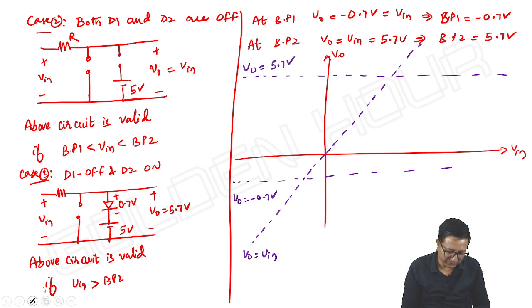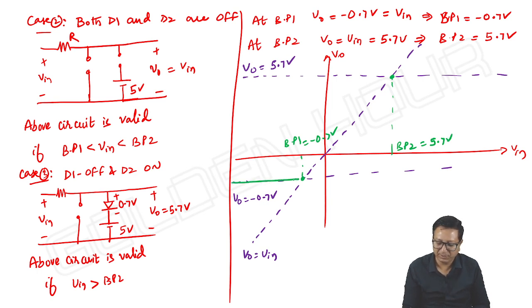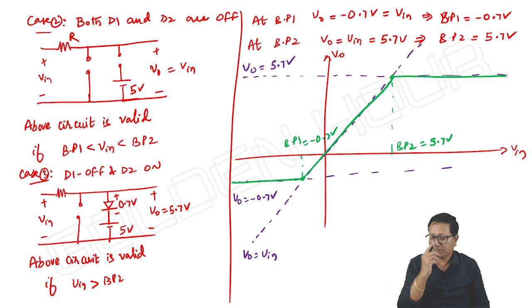Then we can see two breakpoints, this one and this another one. Their values are minus 0.7 and 5.7. So for input less than breakpoint 1, output is minus 0.7. For input greater than breakpoint 1 and less than breakpoint 2, output is equal to input. For input greater than breakpoint 2, output is equal to 5.7.